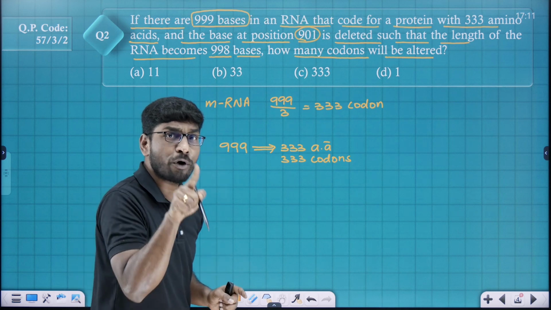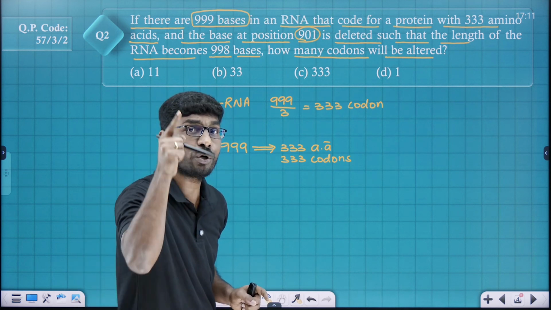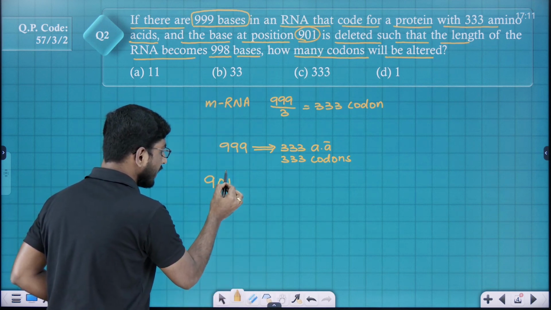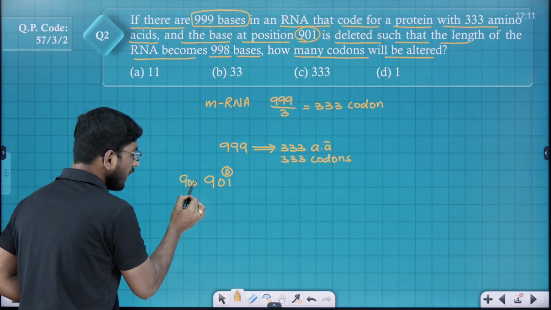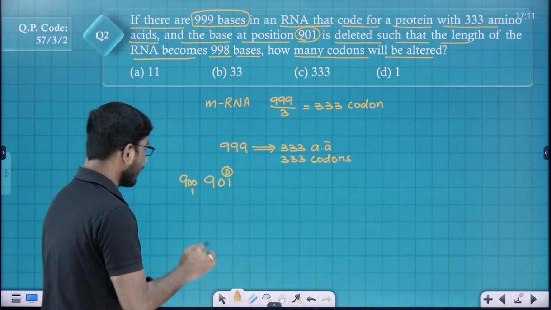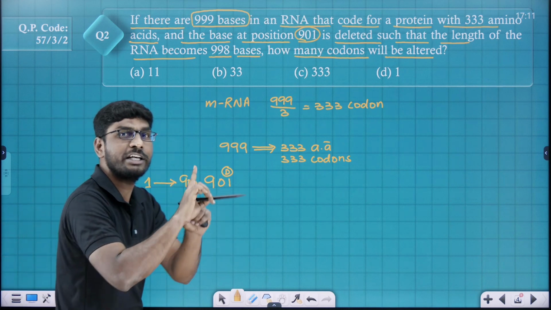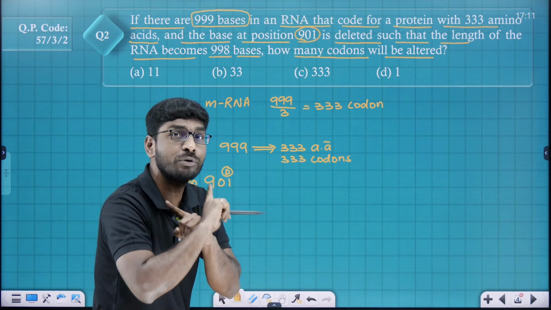The problem is the deletion of the nucleotide at 901. Exactly this portion is deleted. What about till 900? Till 900 there is no problem. That means the first 900 nucleotides are absolutely good.